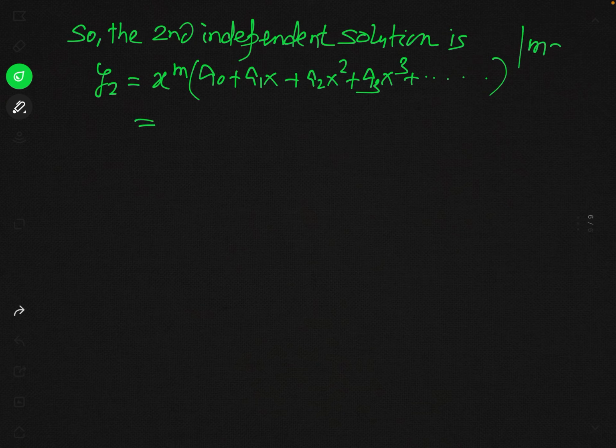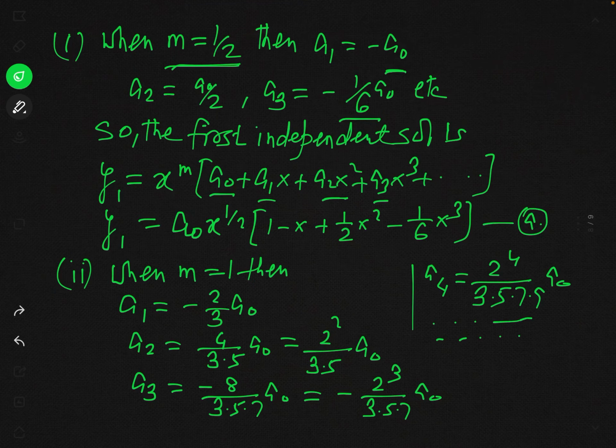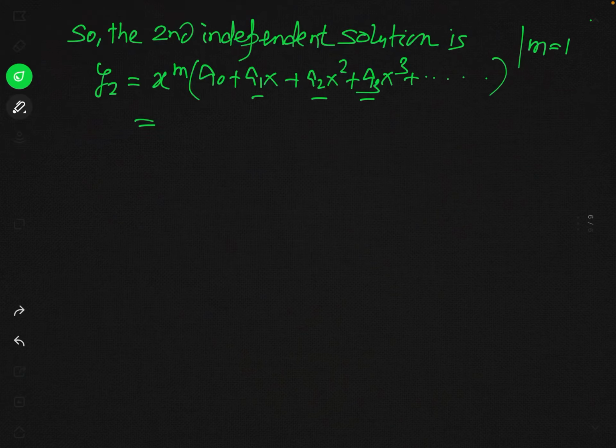Now in this case you have seen that m is equal to 1. So we will put m equal to 1, and the coefficients a1, a2, a3 all contain a naught. You can see here a1 contains a naught, a2 also contains a naught, a3 also contains a naught. So we will take this a naught as a common factor.